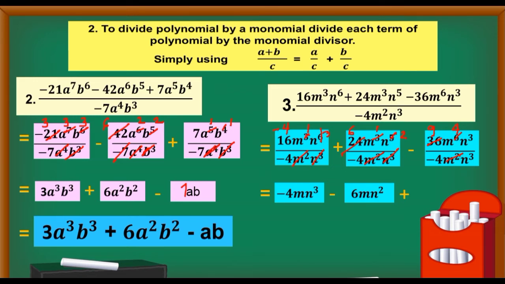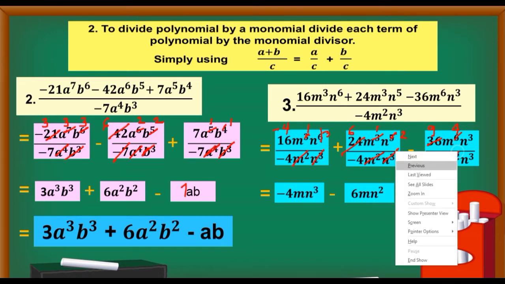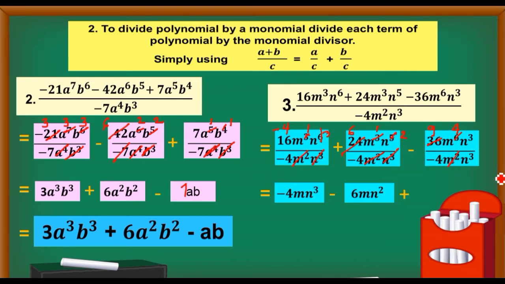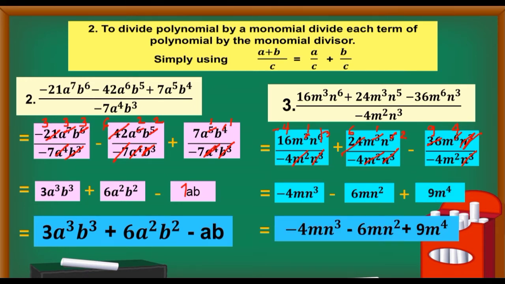Since parehas na 3 ang kanilang exponent and 3 minus 3 ay 0, pwede na natin silang i-cancel kasi magiging equal kay 1 lang naman po yan. Ayan. So, makakancel na po natin yung n. Ang maiiwan na lang po natin ay yung 9m raised to 4. So, ang final answer po natin ay negative 4mn cubed minus 6mn squared plus 9m raised to 4.